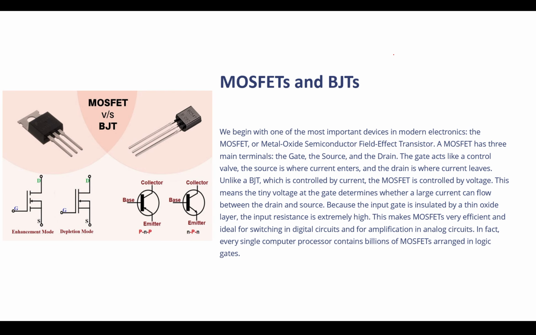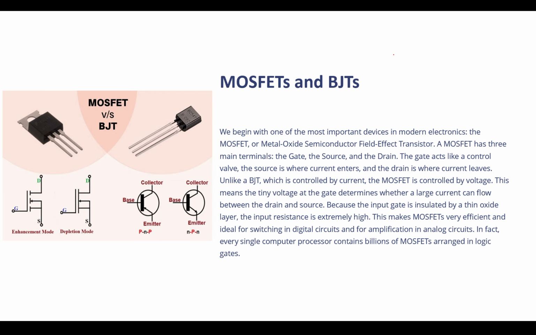Now, these two components are in the category of the transistors. Okay, we are going to talk about two specific categories. One is the FET, which is field effect transistor, and in our lab assignment, we are gonna focus on MOSFETs, and the other one is BJT or bipolar junction transistor.